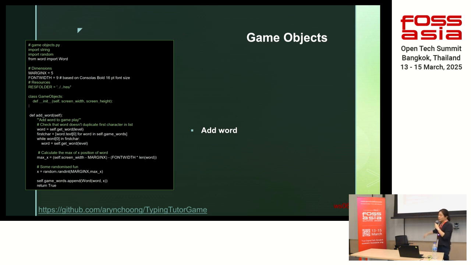Okay, so we know that the font width, based on the Consolas 16-point font, is always 9. So you multiply 9 by the length of the word, you get the size, and then from there you calculate the max and min of your randomization of your x-axis. And when you add a word, that's where we get our x-axis. Okay?